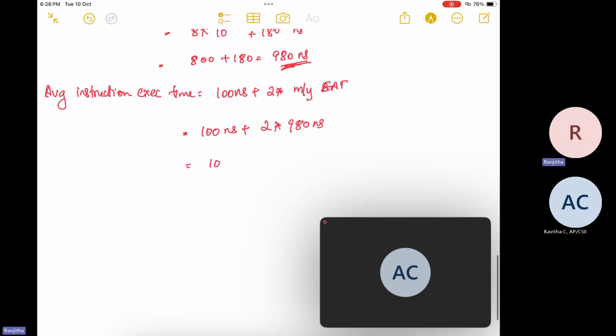That is 100 plus 1960 nanoseconds, which is 2060 nanoseconds. So 2060 nanoseconds is the average instruction execution time.